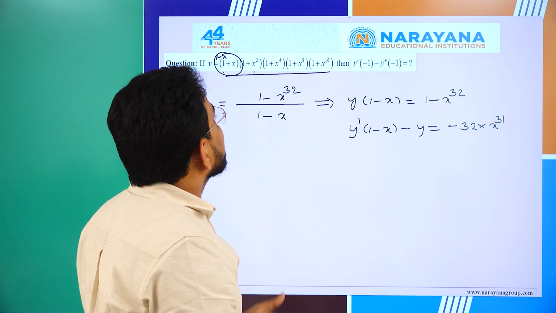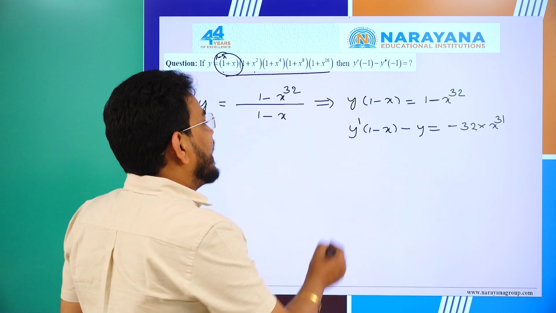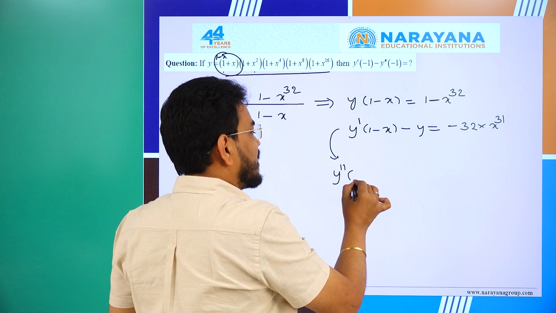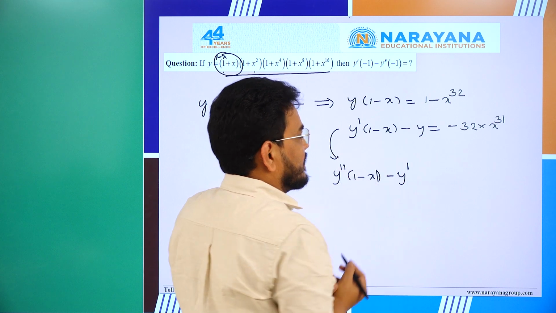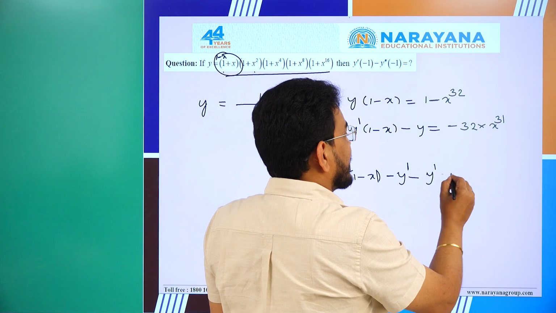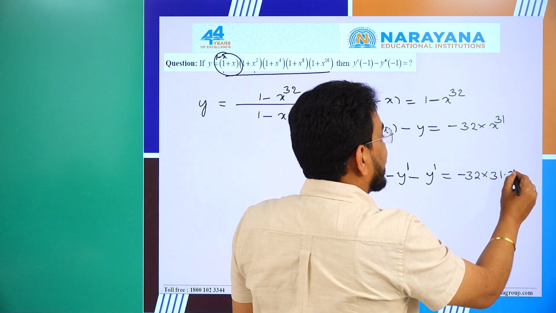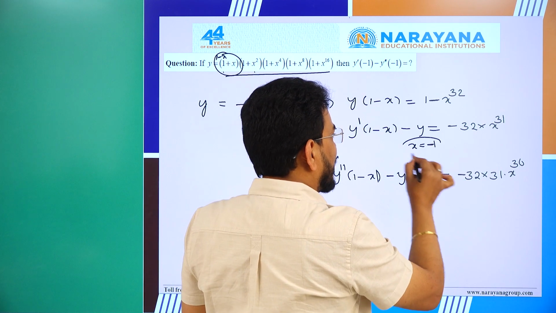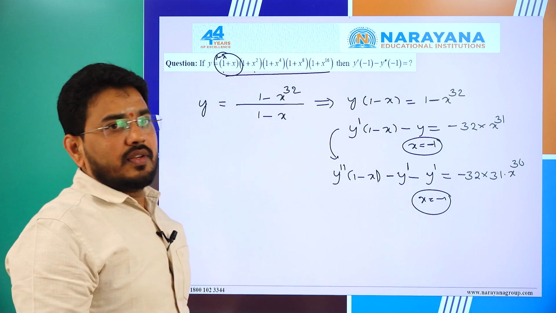Now in the next step, differentiate again: y double dash into 1 minus x plus y dash into the derivative, which is minus, and minus y dash, is equal to minus 32 into 31 into x to the power of 30. Substitute here x is equal to minus 1 and here also x is equal to minus 1. You will be getting the values of this.